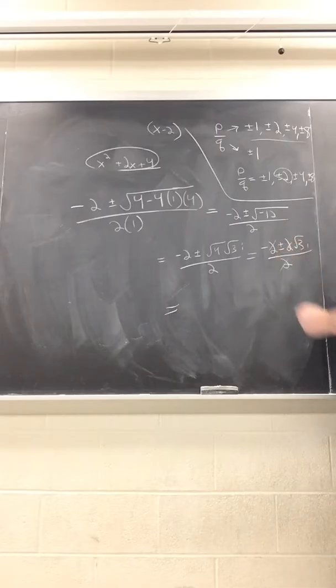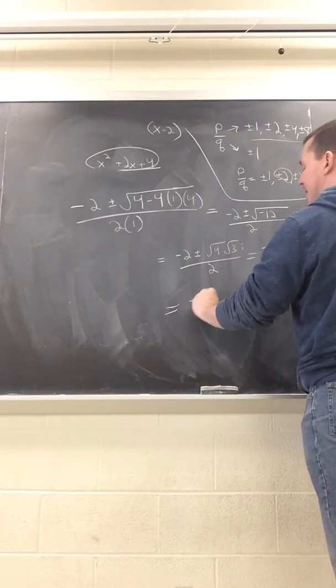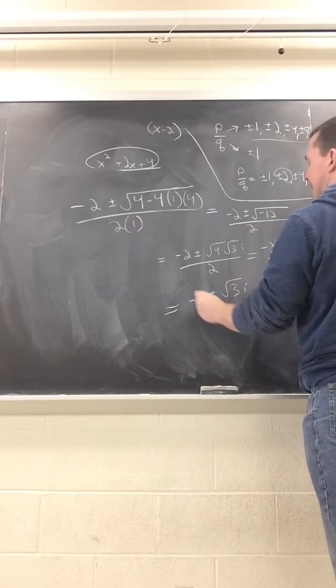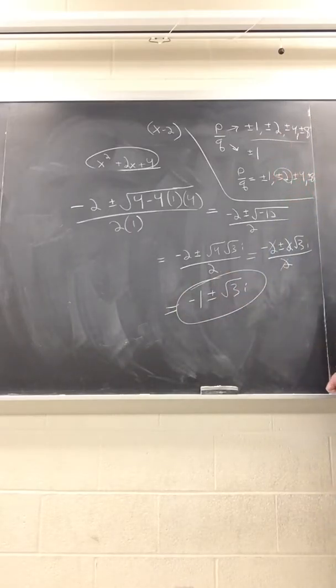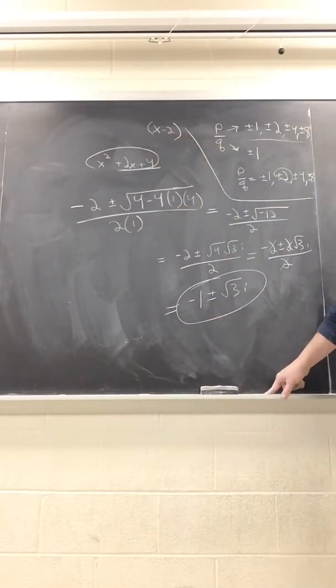There's a common 2 everywhere. And then when I split up the fraction, I'll get negative 1 over 1, which is negative 1, plus or minus root 3 times i. Now that gives me 2 solutions to the quadratic. Up here we found one more solution, and that gives me all 3 solutions of the cubic that we had.